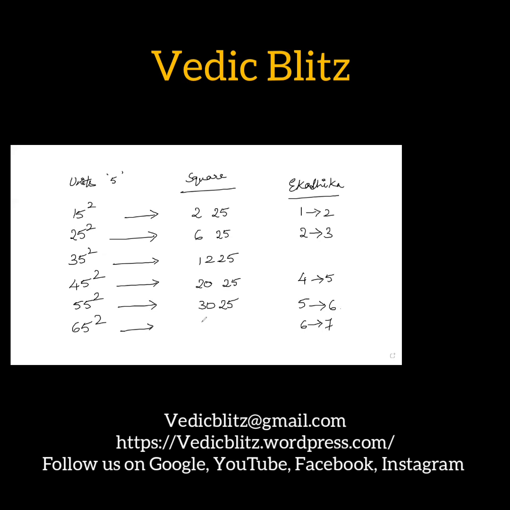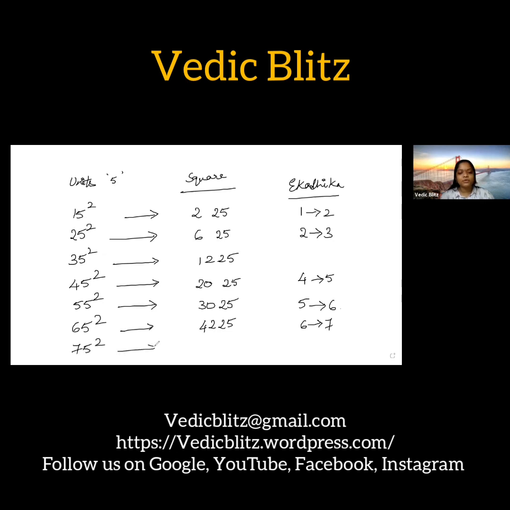Multiplication of 6 and 7 is 42. 4225 will be the answer. 75 square: Ekadhika of 7 is 8. Multiplication of 7 and 8 is 56. 5625 will be your answer. In this way, we can write down the squares of those numbers within a few seconds.